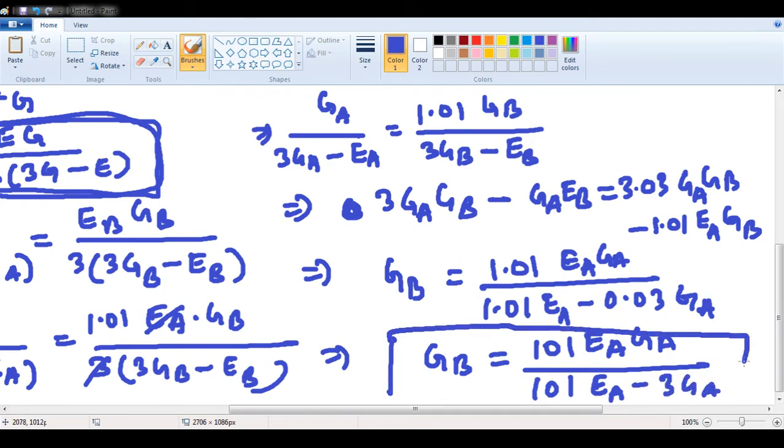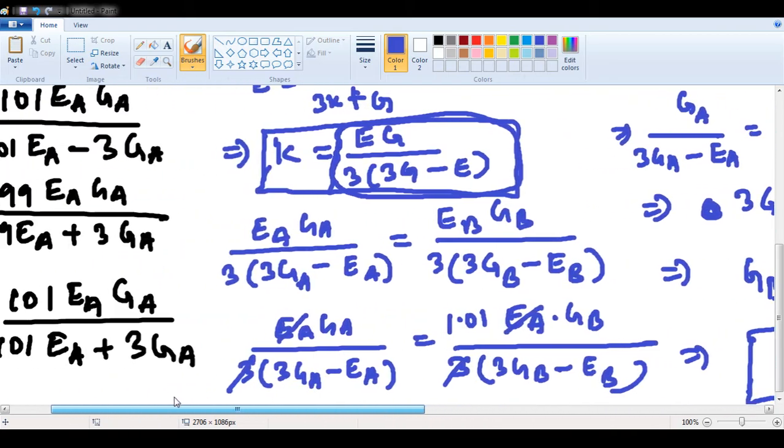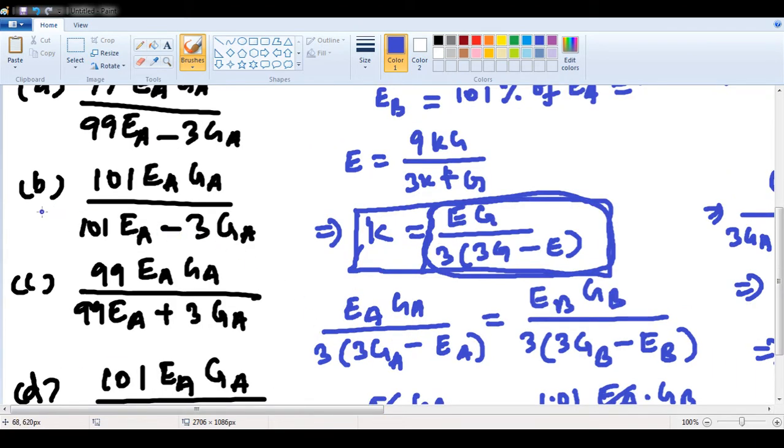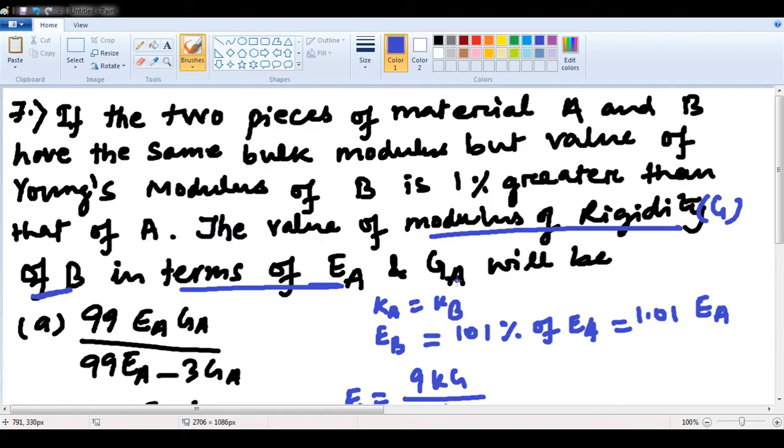So 101 EA GA by 101 EA minus 3 GA. This is Option B, correct? That is 101 EA GA, 101 EA minus 3 GA, and this is what it was asking, right?